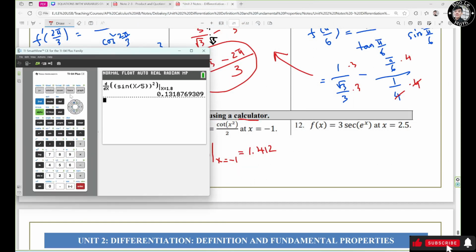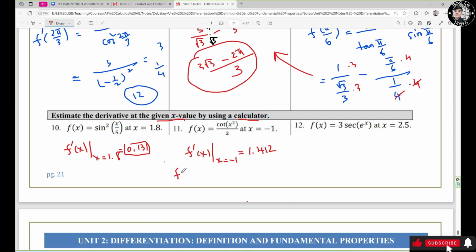So I'm going to hit math 8, and then I put s right here. Now in the TI-84 Plus CE calculator, you don't have cotangent, so you need to convert this into tangent. You know that cotangent and tangent are reciprocals.